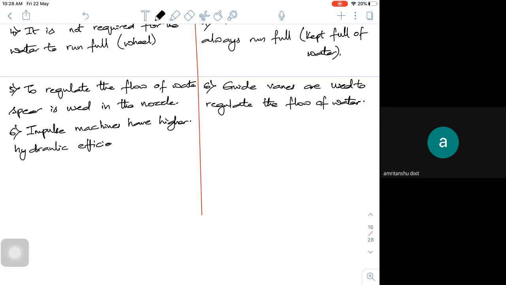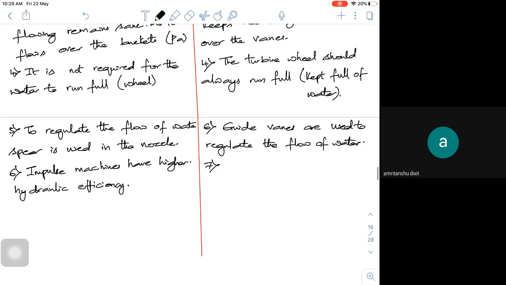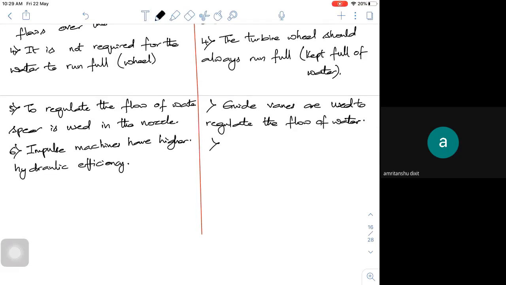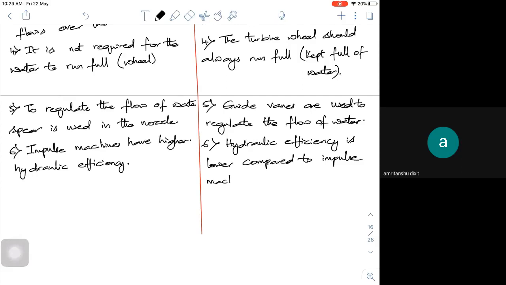But for the reaction turbine, the hydraulic efficiency is lower compared to impulse machines. If an impulse machine is around 65 efficiency, this will be around 50-52.